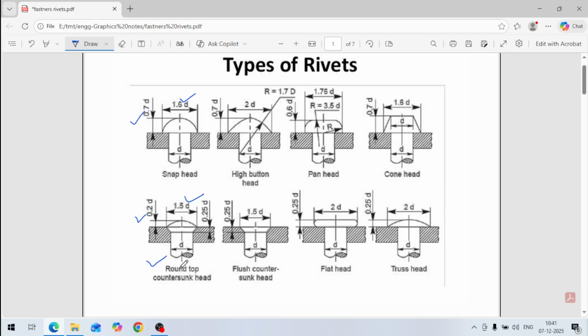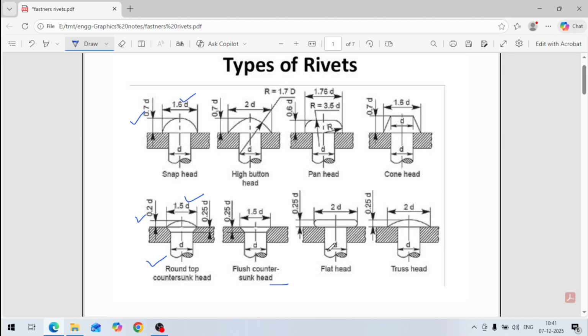So this is the round top countersunk head, and this is the flush countersunk head. This diameter is 1.5 D, and this chamfer, this height is 0.525 D. Okay, and this is your flat head.